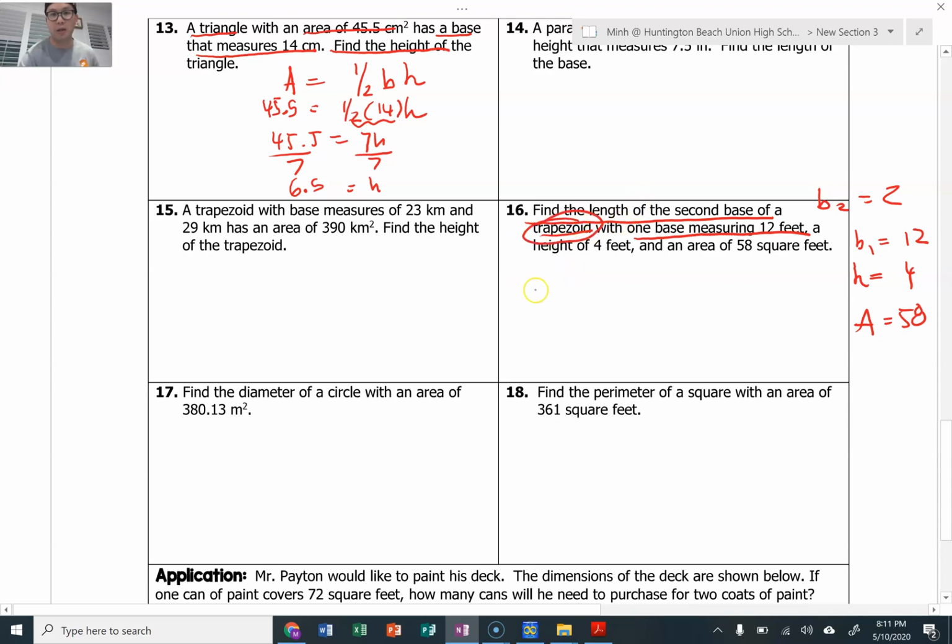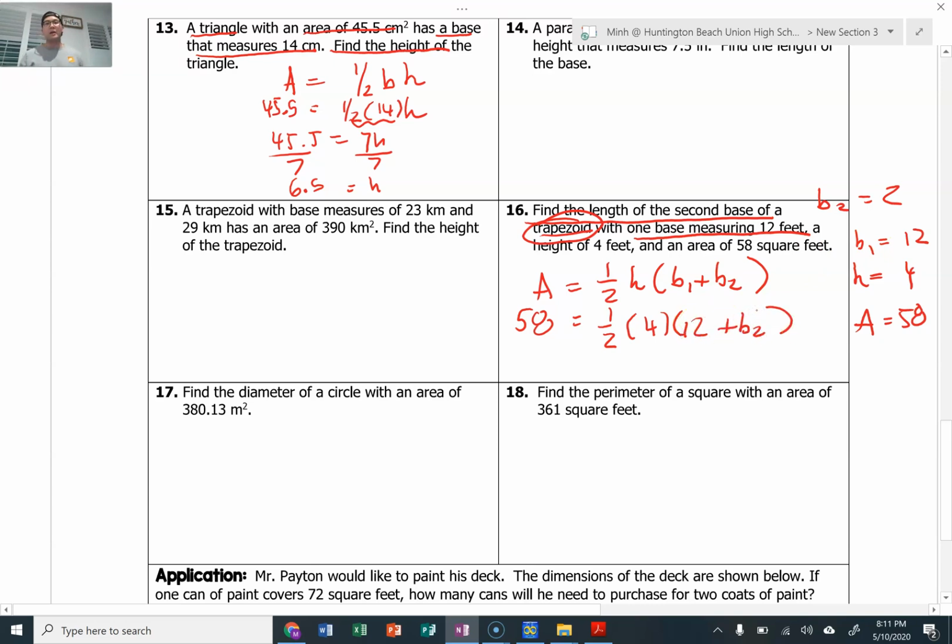Area of a trapezoid is read as area is equal to 1/2 the height times base 1 plus base 2. And then for the area, I have 58 is equal to 1/2. My height is going to be 4. And then I have base 1 inside is going to be 12, but we don't know base 2.